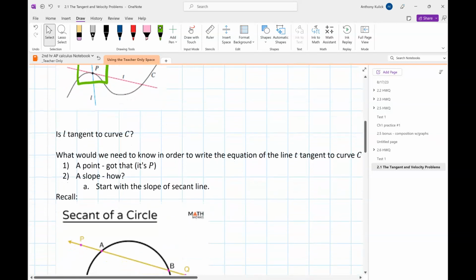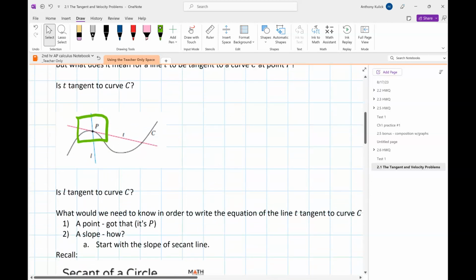So what we want to be able to talk about now is how to write the equation for a line that's tangent to a curve C. If we're going to call T a tangent, what do we need in order to write the equation for that line T?